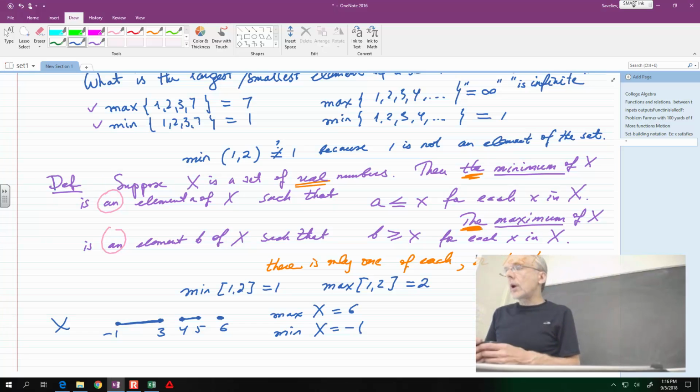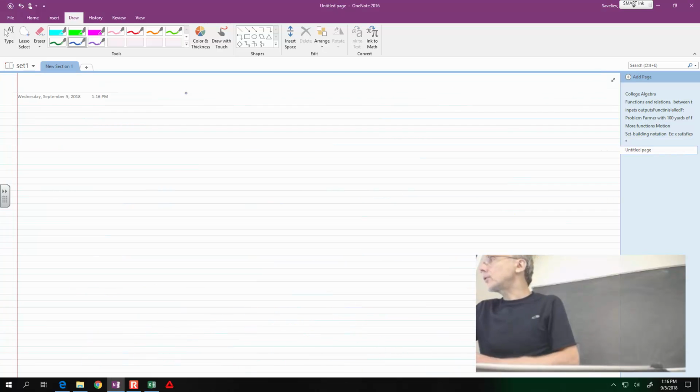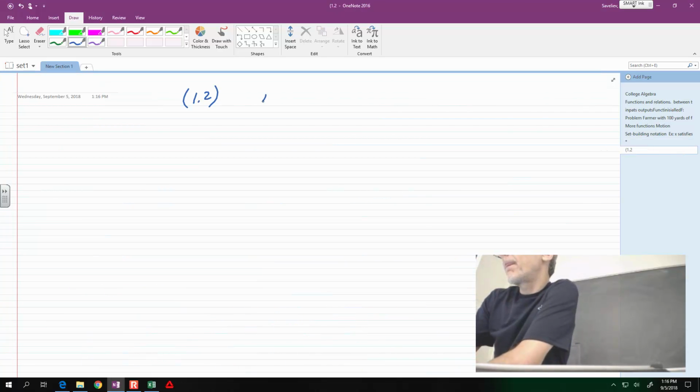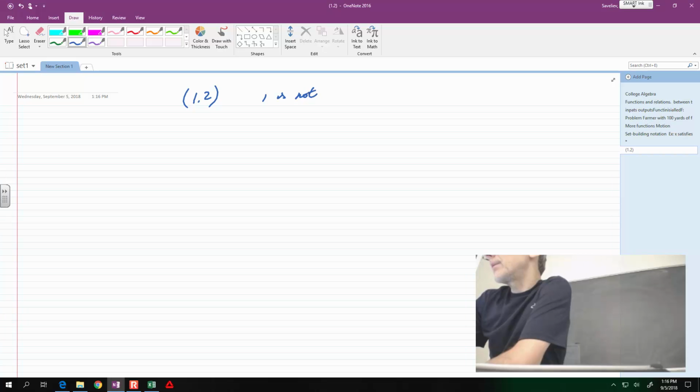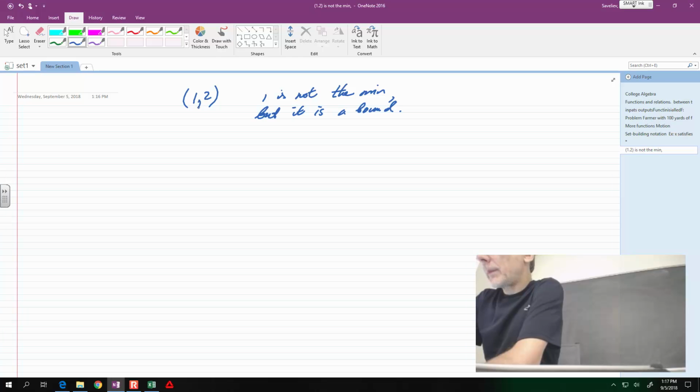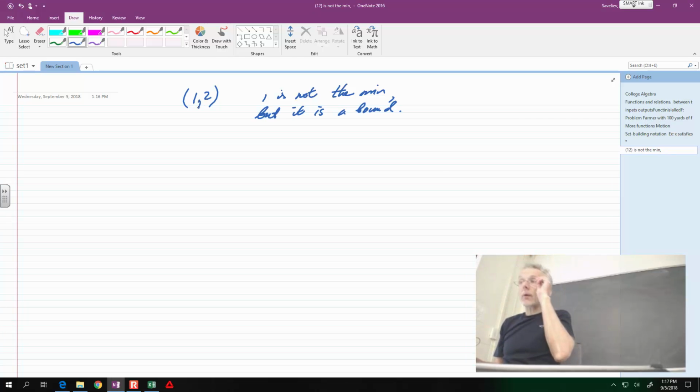If we look at (1, 2), 1 is not the minimum because it does not belong, but it is a bound. What I mean by that is that the inequality is still satisfied.